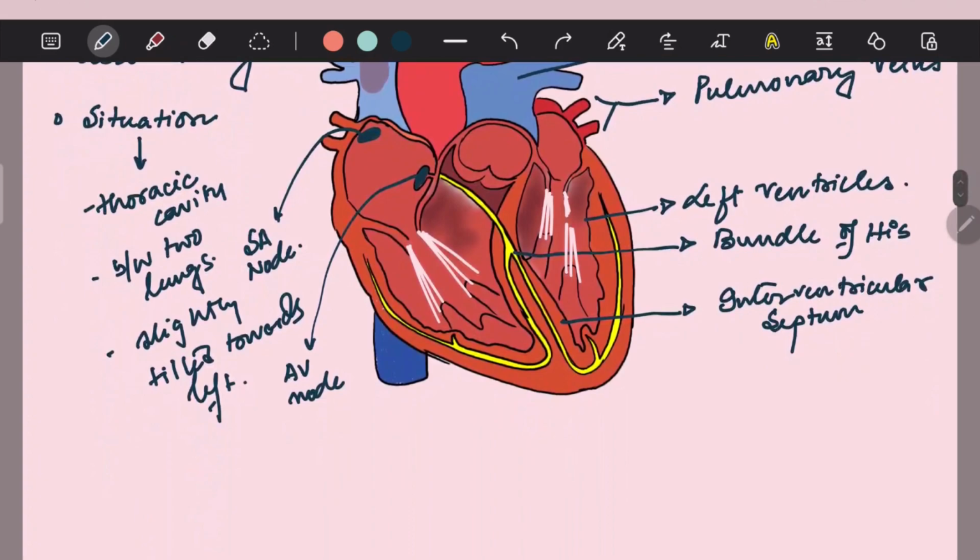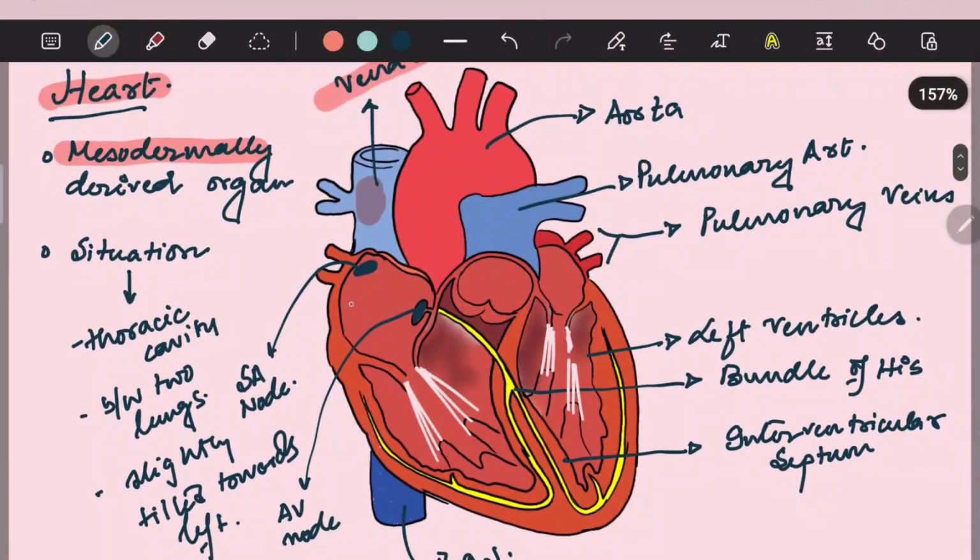Now, secondly, this thing in the lower portion is known as the inferior vena cava because it brings the deoxygenated blood from the lower parts of the body. Now, this is the right atrium, and this is the left atrium.